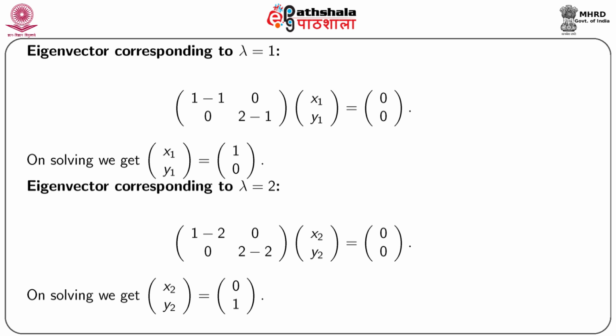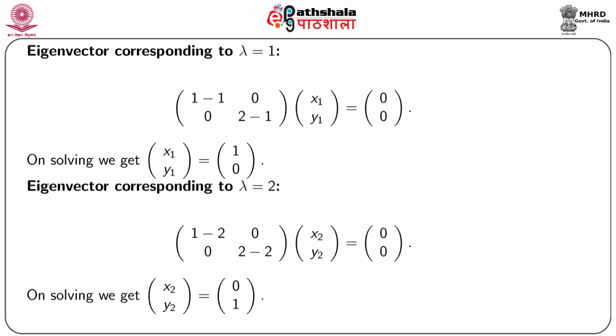So, we take any arbitrary value of x1 which will satisfy this equation. Hence, our required eigenvector (x1, y1) is (1, 0). Please note, y1 will always be equal to 0 and x1 you can choose any real number and it is going to satisfy the above equation.